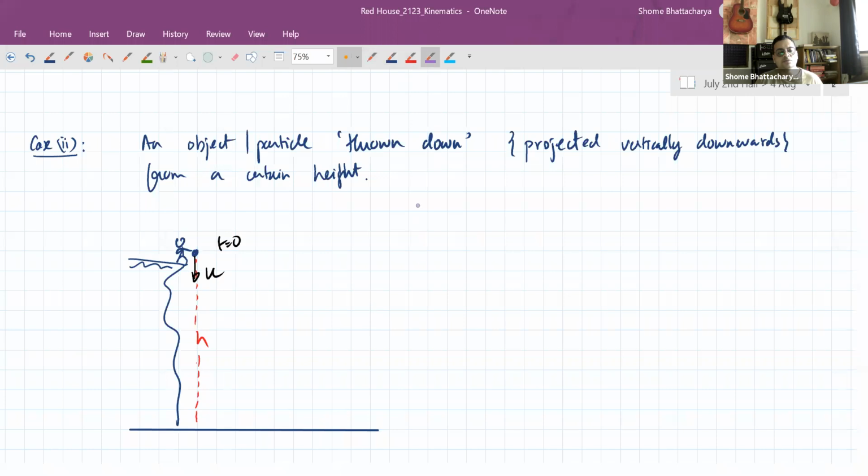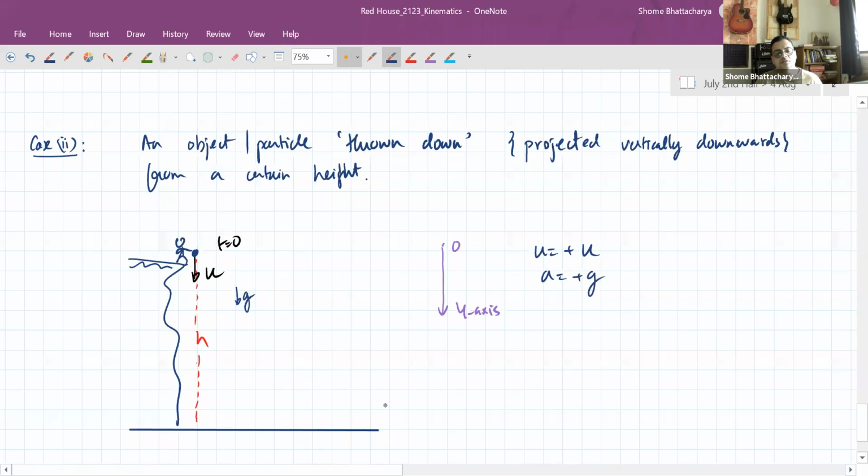So again, what we'll do is we'll take our axis, y-axis or x-axis or whatever downwards, and the origin at the point of projection. So this time we will write our initial velocity as plus u, and because the acceleration is also in the downward direction, the acceleration will also be plus g.